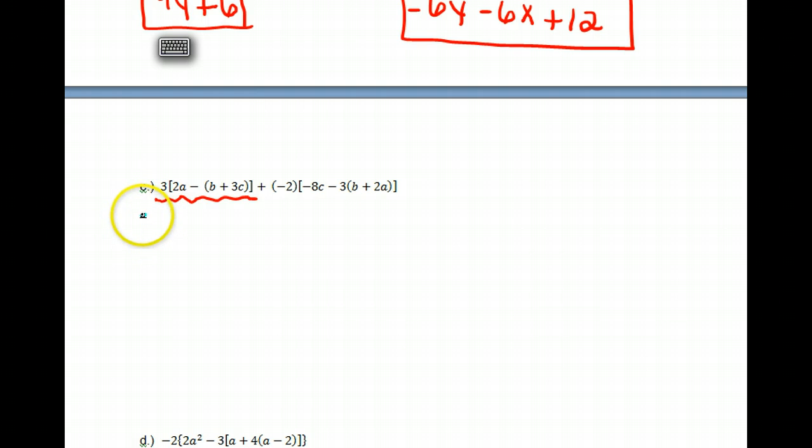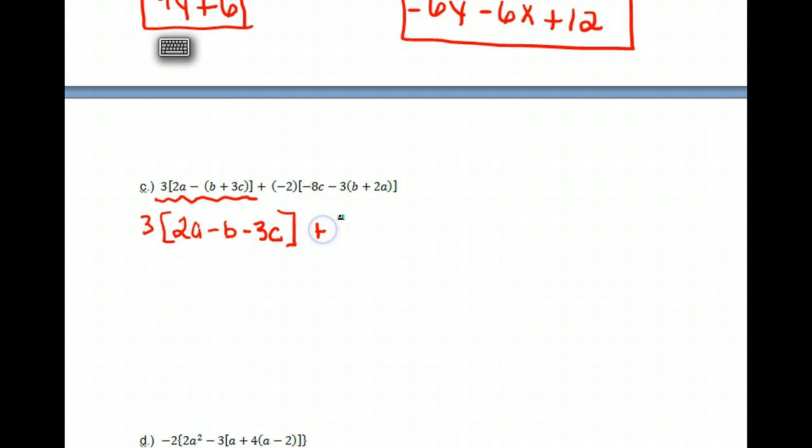So we're going to bring down the 3, the bracket, the 2a, and at this point we will distribute in a negative. So negative times b is negative b. Negative times 3c is negative 3c. And we're going to close our bracket.